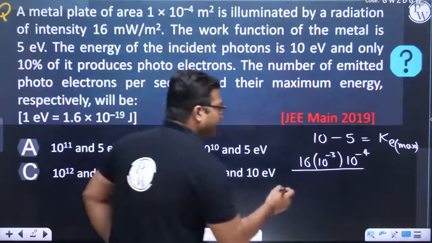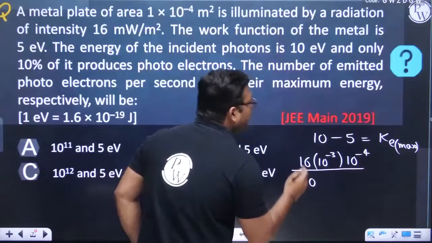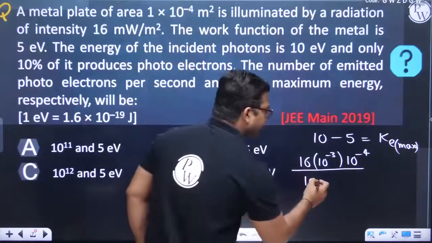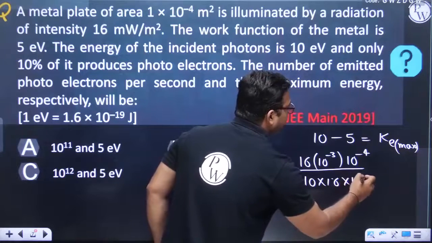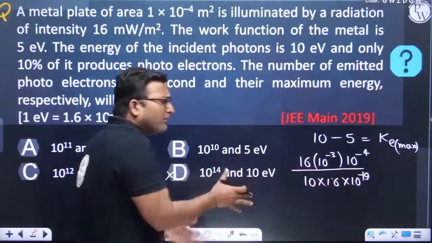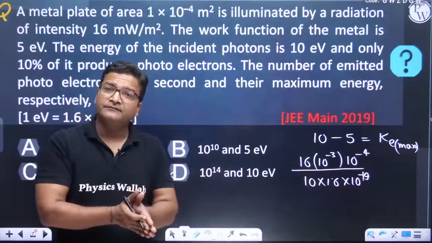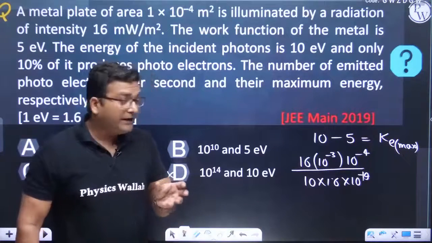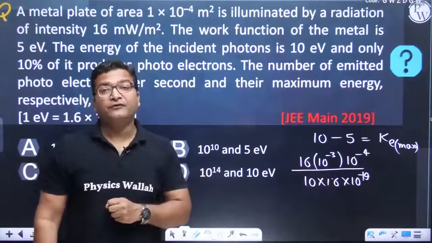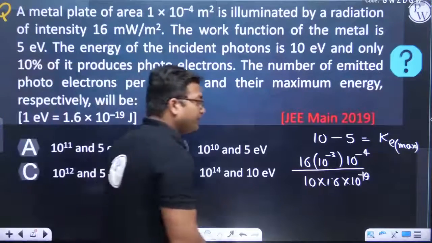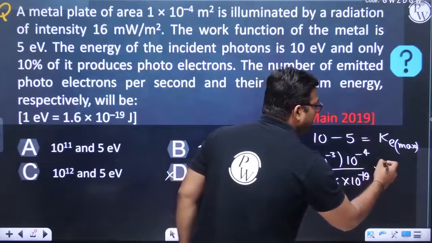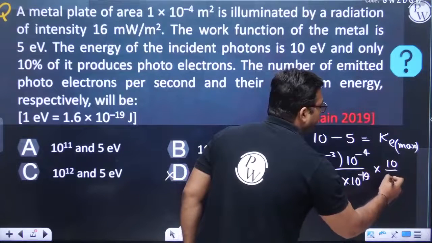So let us divide it by 10. We will have to convert this into joules, so 10 times 1.6 times 10 to the power minus 19, and this is the number of photons falling per second. As only 10% of photons result in photoelectrons, the number of photoelectrons emitted would be multiplied by 10 by 100.